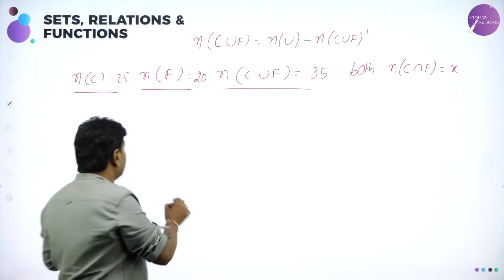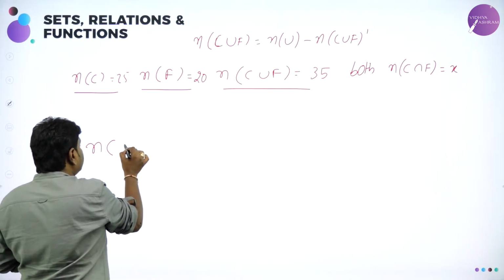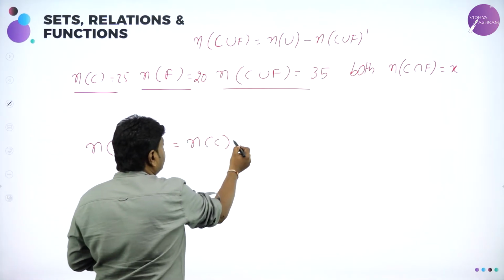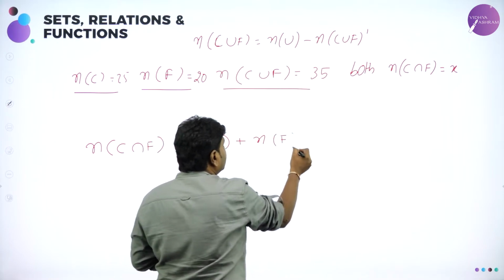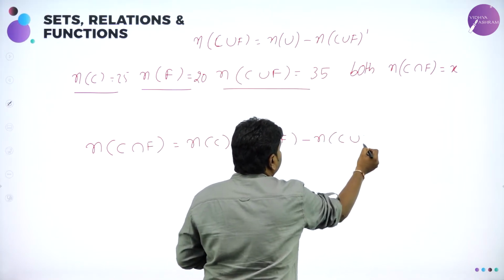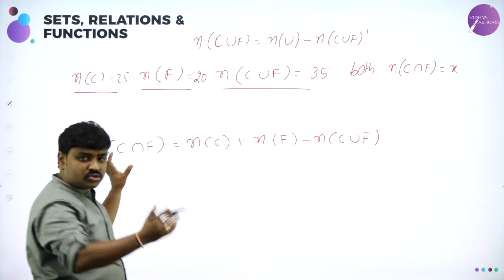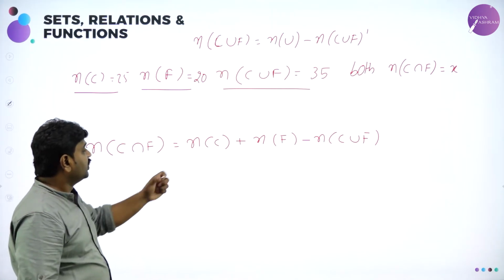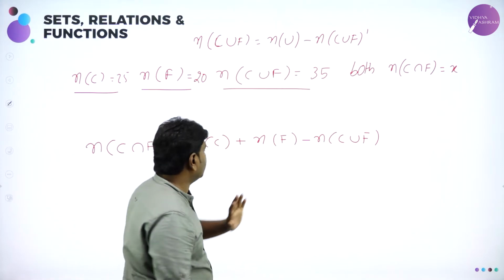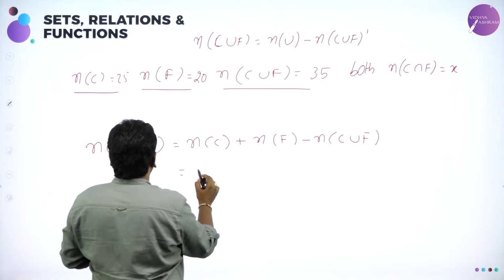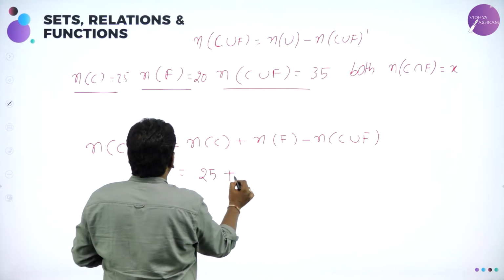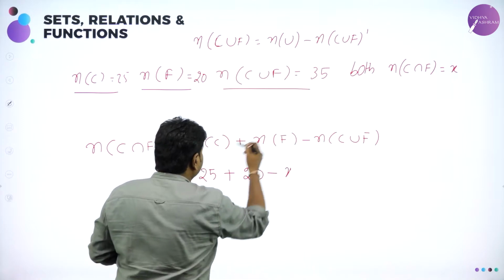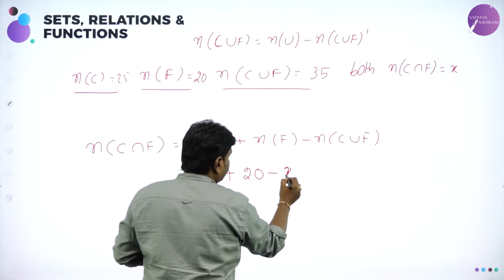Now you know the formula. What is n of C intersection F? n of C intersection F is n of C plus n of F minus n of C union F. So if you want the intersection, meaning both. What is the operation intersection? Common elements. n of C is given, 25. n of F is given, 20, minus the union, which we got as 35.